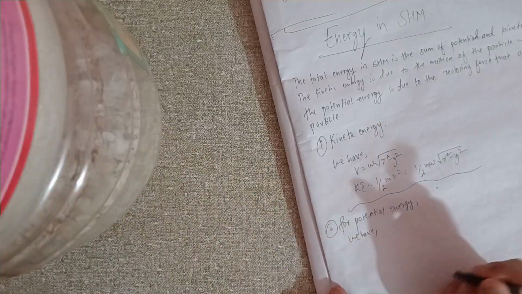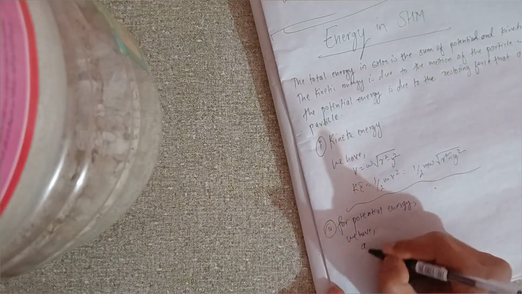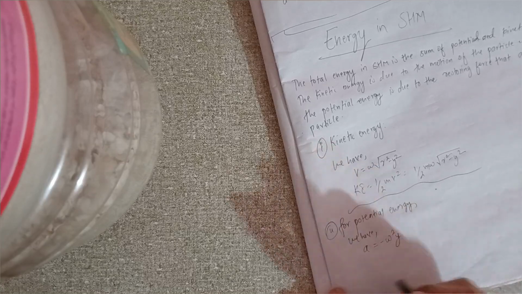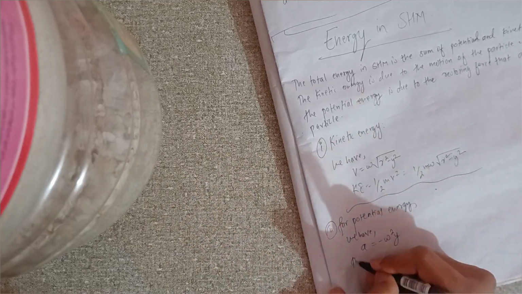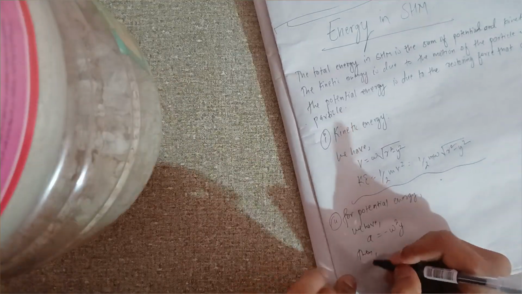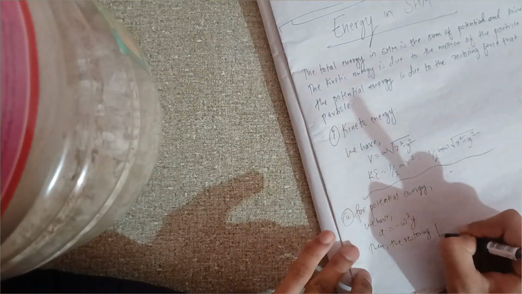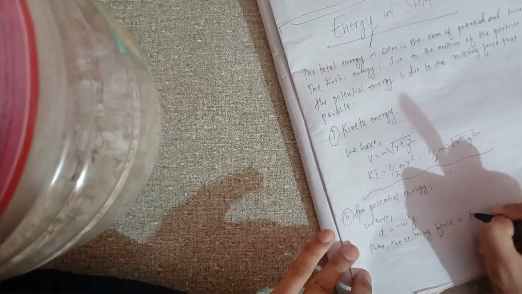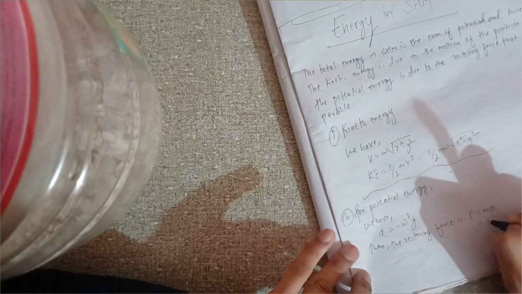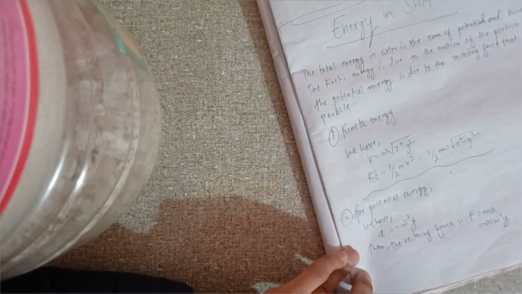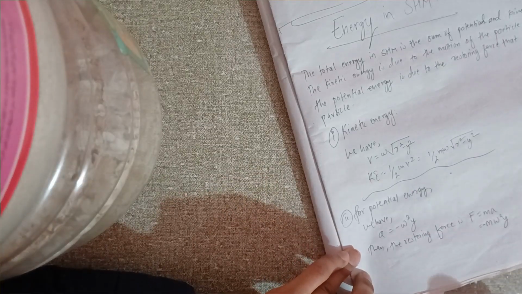Firstly we need to calculate the acceleration. We know the acceleration is equal to minus omega square y. Then the restoring force is F equal to ma, equal to minus m omega square y.